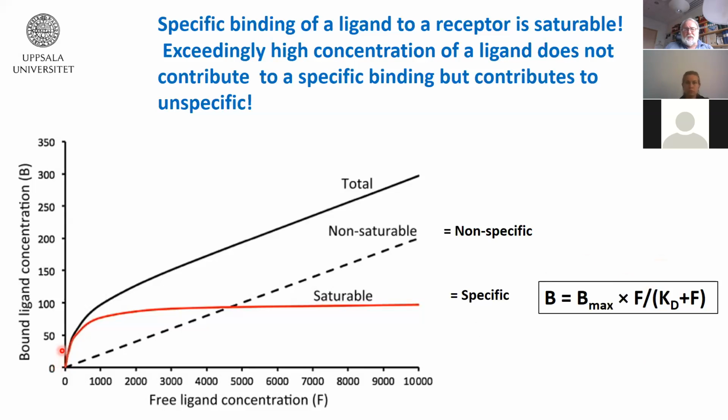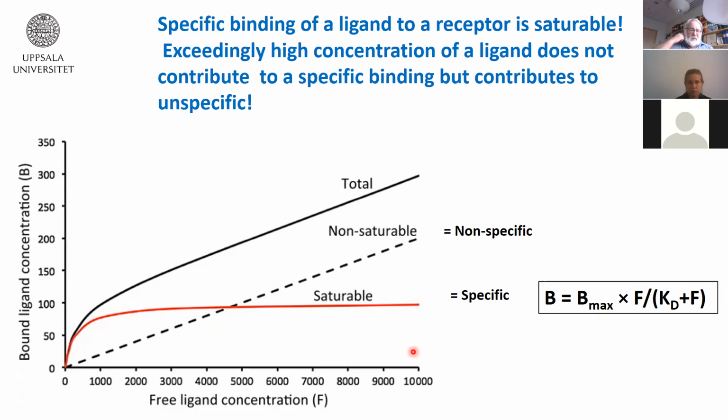So when the concentration of free ligand grows, the binding will start. At a concentration of free ligand equal to Kd, it would be approximately half of the maximum bound amount.